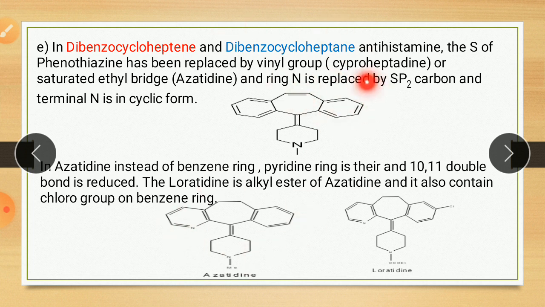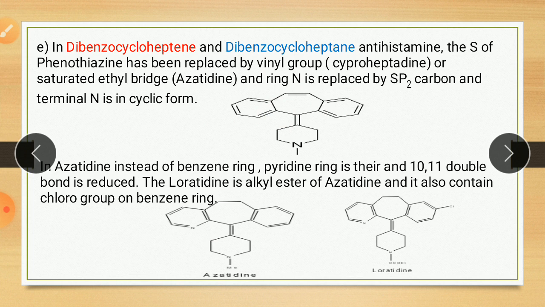Dibenzo means two benzo, cycloheptane. It is heptane, a 7-member ring, here also a 7-member ring. So in short, there are 3 changes in the phenothiazine ring. First change, instead of sulfur there is a vinyl group or a saturated ethyl bridge.